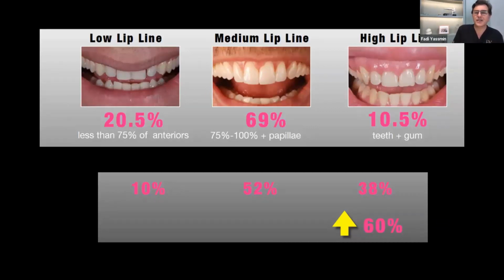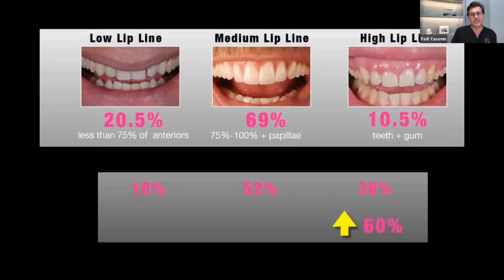So it was always the dentist's saving grace. But you'll be shocked to know there are some varying statistics on this. But as an aesthetic dentist, we're not using that as an excuse. So whatever needs to be done to correct the tooth proportions, we're really not hiding behind the fact that the patient's not displaying much of a lip line.